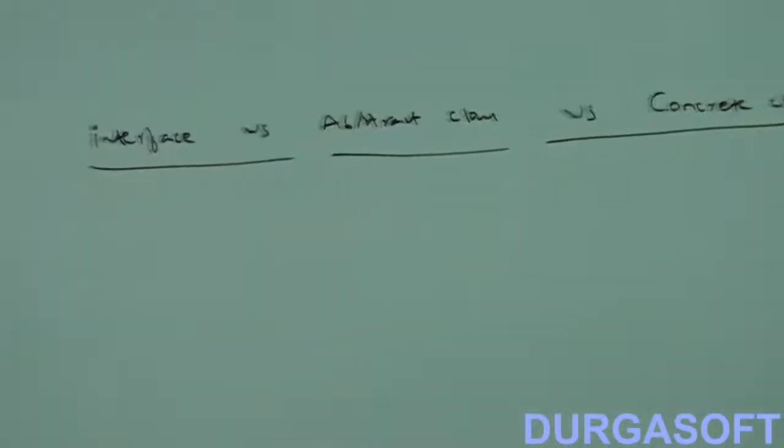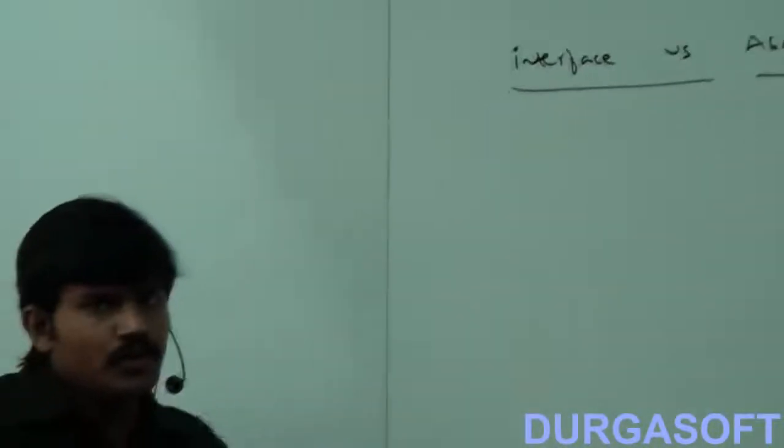Here it is very simple. If we don't know anything about implementation, and we just have a requirement specification, just one requirement, then to represent this we should go for the interface concept.